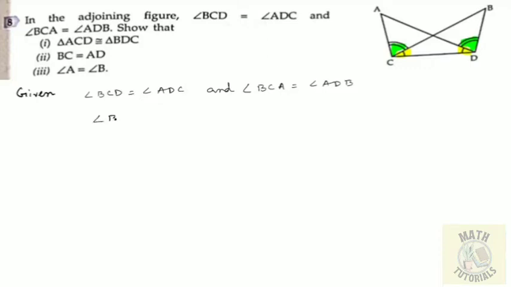Angle BCD plus angle BCA is equal to angle ADC plus angle ADB, so it will be angle ACD is equal to angle ADC, this part plus this part, ADB, so it will be angle BDC.